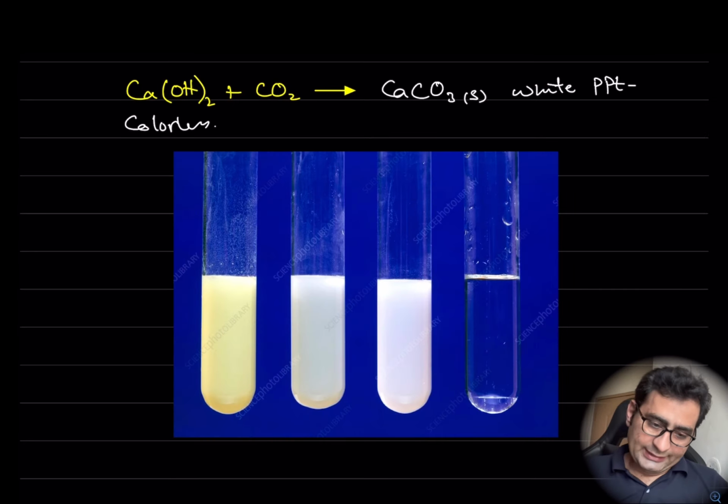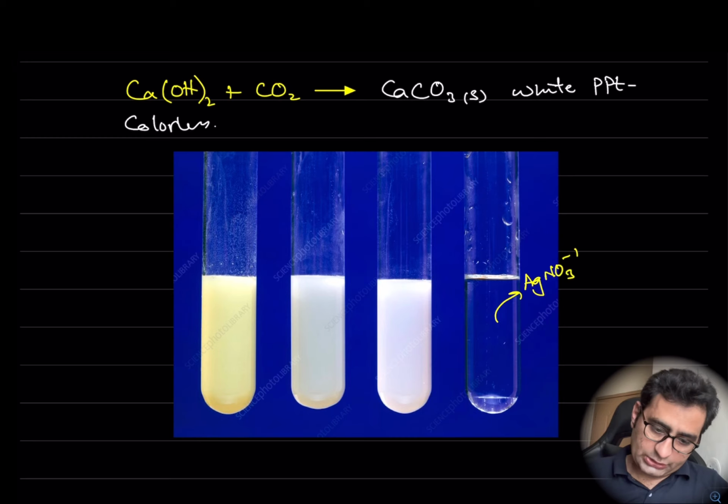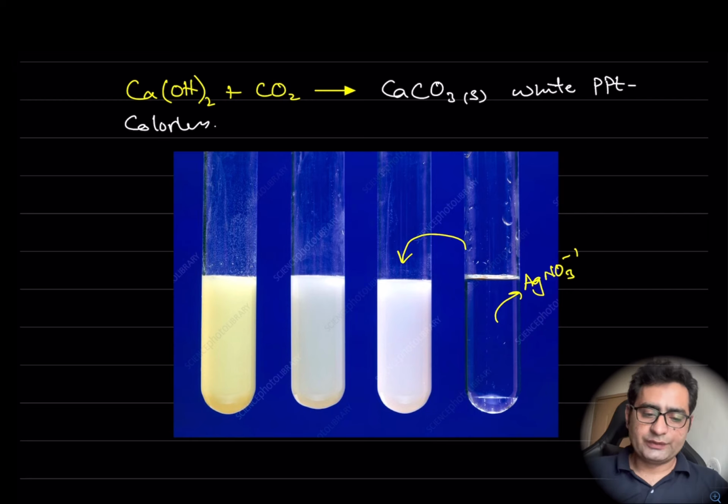Now see this test for halide ion observation. This is silver nitrate, AgNO3, which is a colorless solution. The very first thing, silver nitrate is added into a salt which has a halide ion. Now you can see it gives a white precipitate. This white precipitate is for chloride.